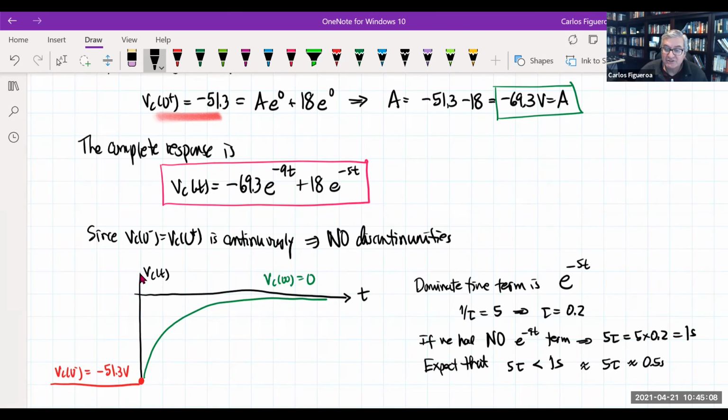My whole point is just to give you a sense of what I'm thinking about: when this thing reaches 99.3% of discharging, that should be happening at a time of 5 tau, which I am giving a very rough estimate of half a second. I know it's got to be less than 1 second.